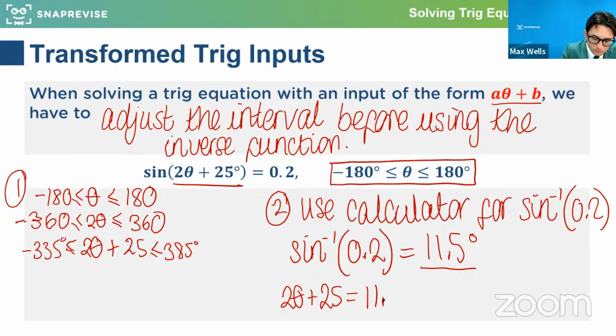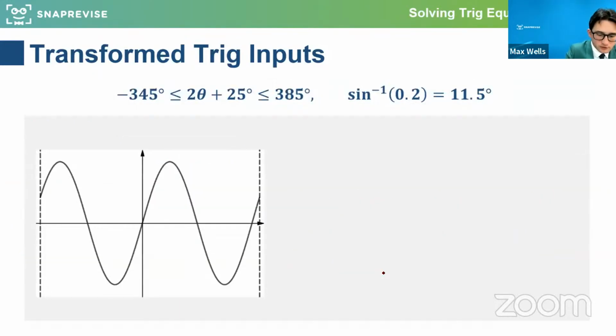Now, what a lot of people want to do is instantly take away 25 and half it. We don't. We want to actually continue finding all the different values for 2 theta plus 25. Then to all of them, take off the 25 and half them. So what I would do, if you're using the graph, you're going to look from minus 335 up to 385.